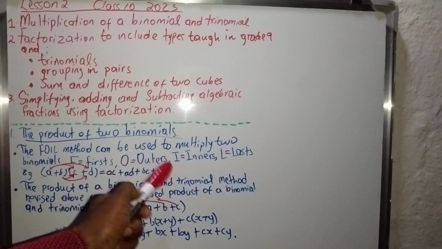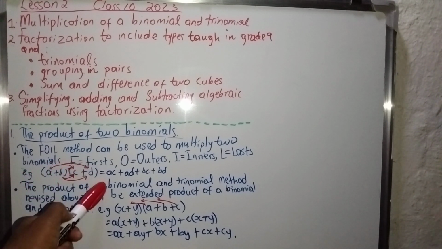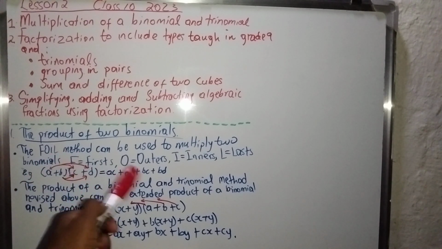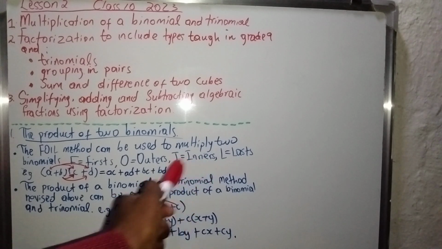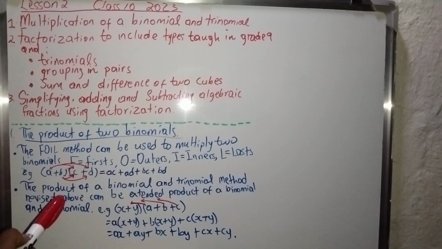And then let's look at O, outers. That is A times D. A is out as well as D is out, so we multiply them together and we get AD. Then we look at inners. Inners are B and C, so B times C is BC.